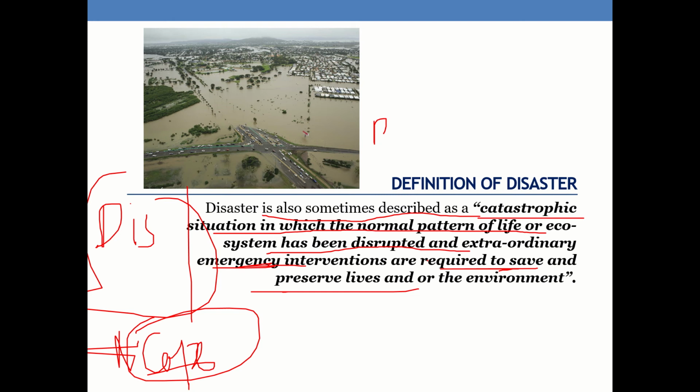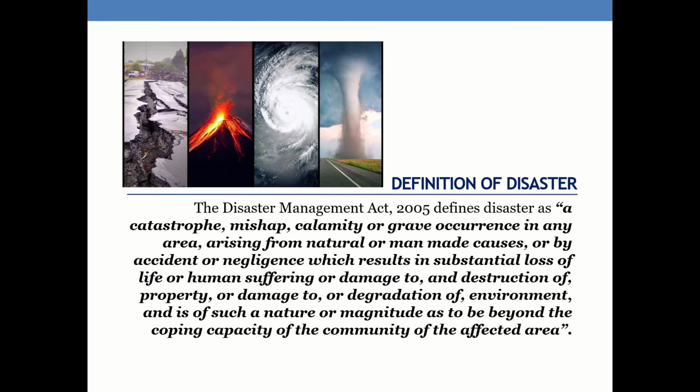To come to normalcy. These are common definitions, but we also have a definition adopted by the Government of India. We'll be seeing about this act, the Disaster Management Act 2005, and probably many of us will be aware of it. You must have read about this act in all the COVID briefings and government orders.